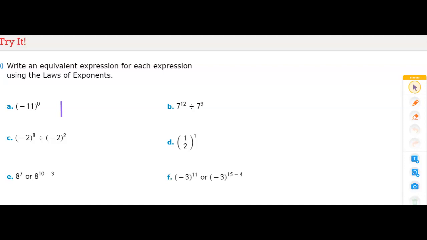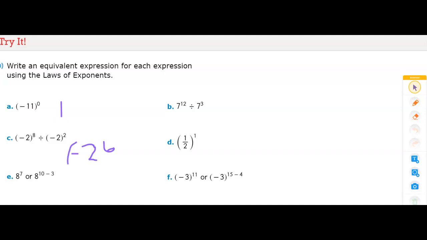Then we have negative 2 to the 8th power divided by negative 2 to the 2nd power, and that is going to be negative 2 to the 6th power.